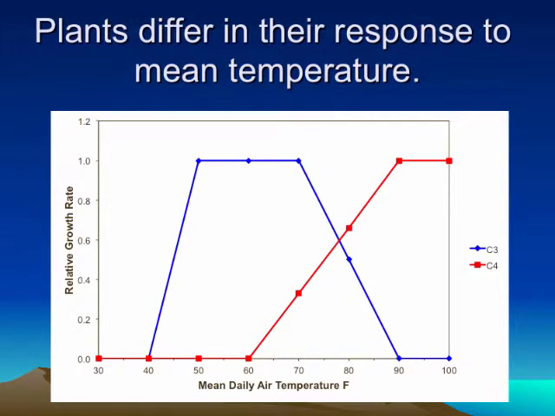Now, let's jump over to temperature. Review: cool season grass, maximum growth at the low end around 50, at the upper end around 70, goes down to 0 at 90. Warm season grass, 60 to 90. And in our environment, we never see the upper end, luckily.